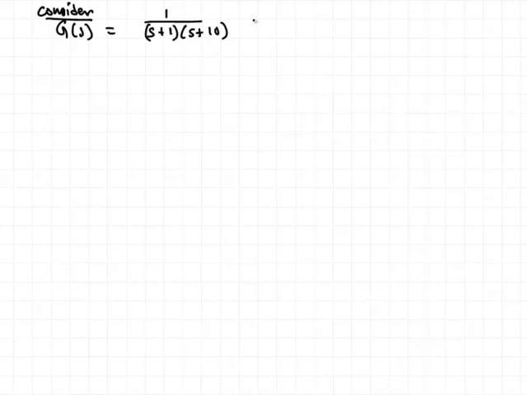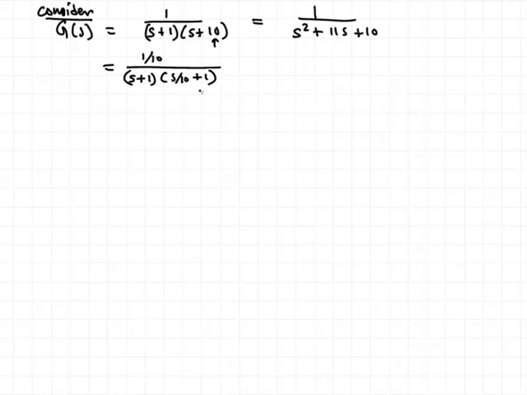You might even be given something like s squared plus 11s plus 10, in which case you'd want to factor it. Now I want to normalize this. I see a 10 here. I want to have a term of 1. So I'm going to divide through by 10 on the top and bottom. So I'll have a 1/10 and s plus 1 and an s over 10 plus 1.